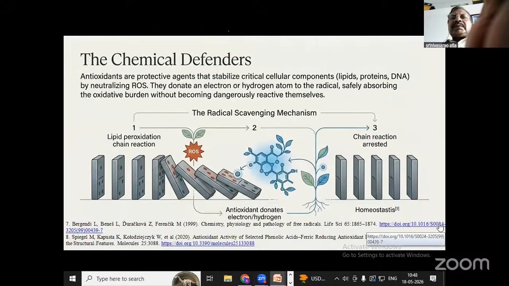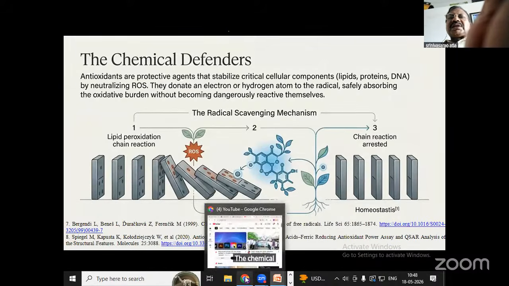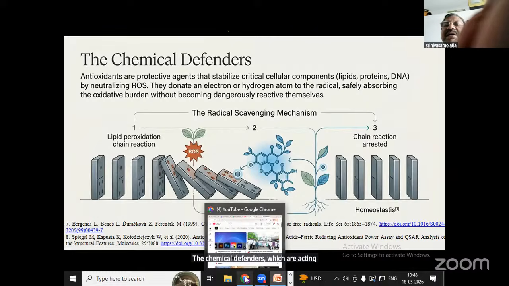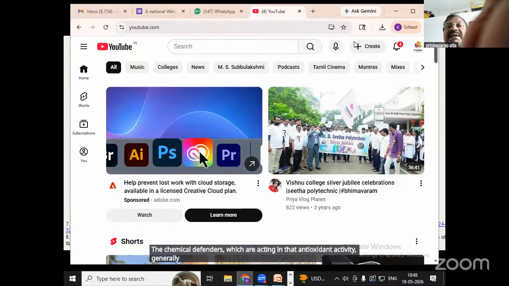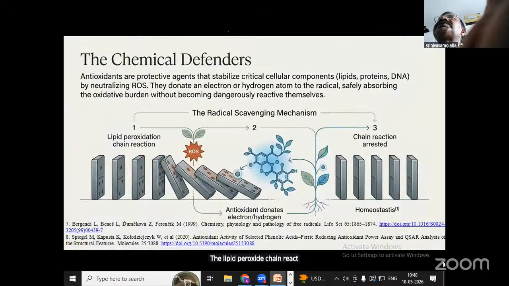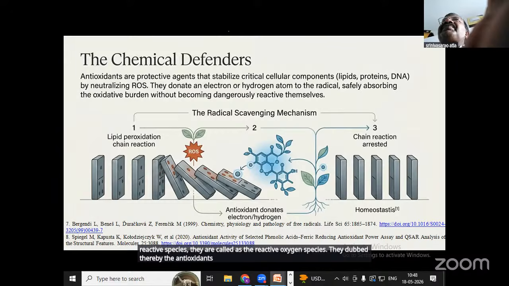Then, the chemical defenders which act in antioxidant activity: generally, lipid peroxidation chain reactions will be happening. The lipid peroxidation chain reactions will produce reactive species, which are called reactive oxygen species. Thereby, the antioxidants protect the agents.